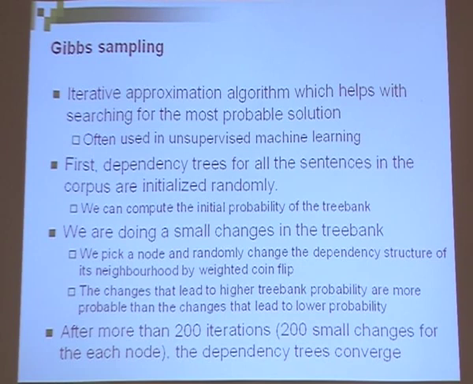I will show it in the next slide. And after more than 200 iterations, where an iteration means that we go through all the nodes and do the small change for every node, the dependency trees converge to some shapes. In this case, after 200 iterations.